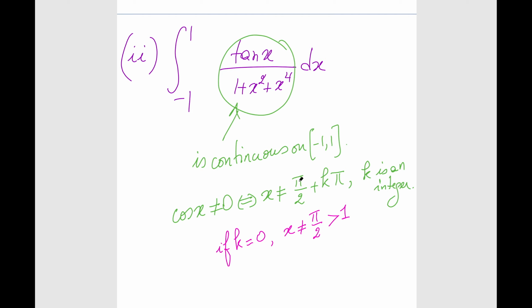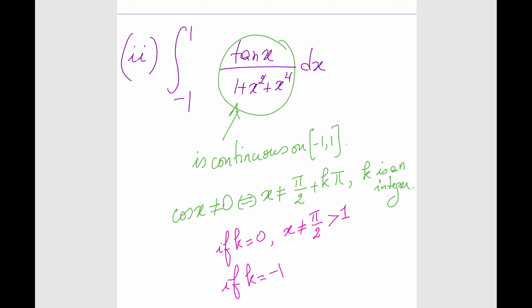So when k is 1, you get pi over 2 plus pi. So you're way beyond 1, and the more you increase k, the more you are to the right of 1. Correct? Okay.